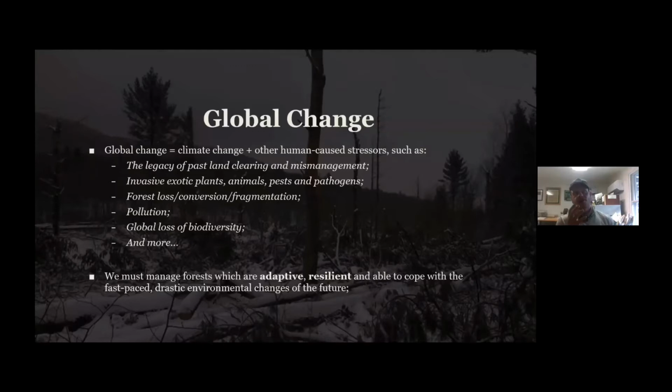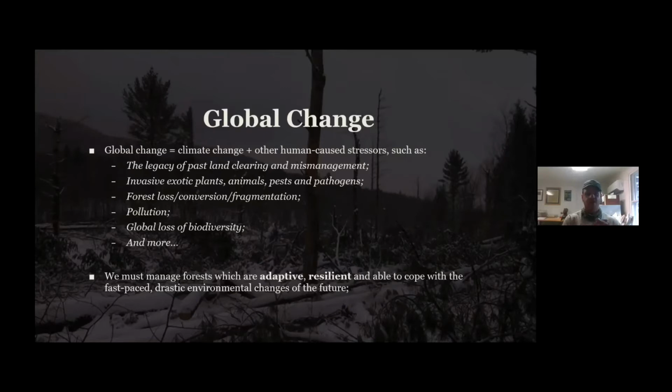So as we think about this, why is it important to manage our forests so that they're sequestering and storing carbon? Climate change is really important, and it's an intrinsic and existential threat to so much stuff that we care about. But when most of us in the forest management or ecology related fields talk about climate change, we actually have started using the term global change. Global change is a term meant to reflect the volume of stressors and challenges posed across our landscape, of which climate change is a big one, but certainly not all of them.